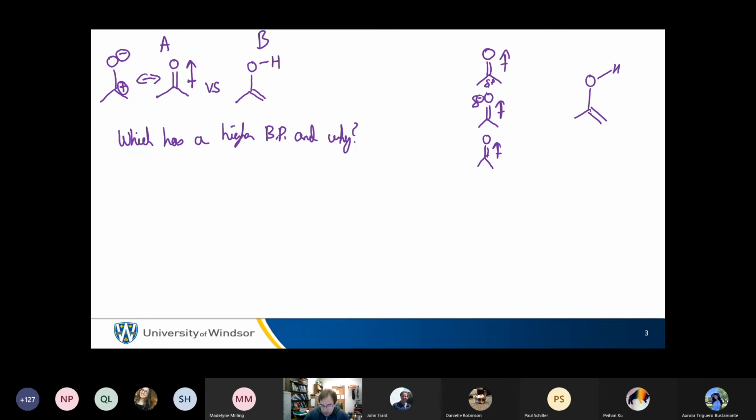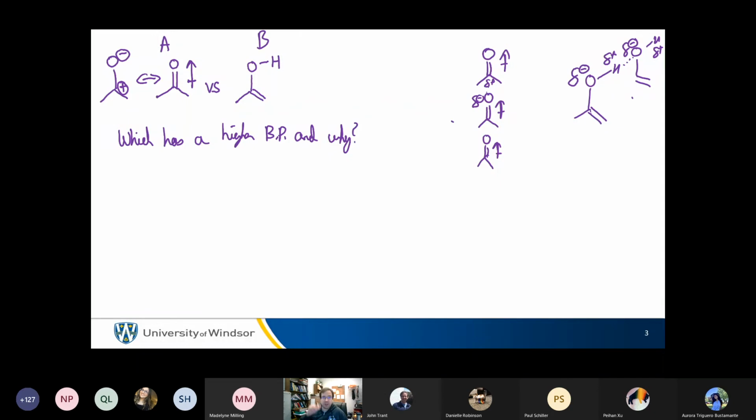And so you would have an interaction with an adjacent molecule of this, where the big delta minus on the oxygen and the big delta plus on the hydrogen interact with the big delta minus and big delta plus on the adjacent ones. You'll have an interaction between that oxygen and that hydrogen. This is the same thing as that.